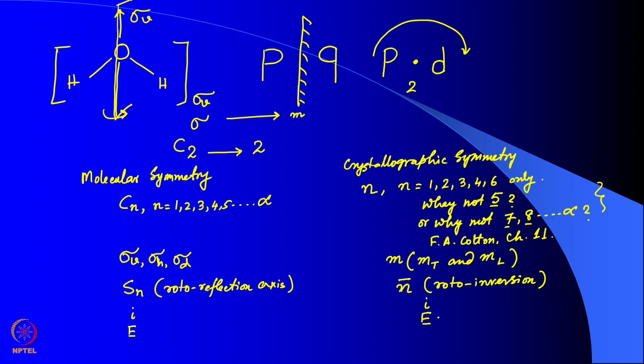So, in addition to these symmetry elements that are similar or related to molecular symmetry, we have two different types of symmetry elements specific to crystallographic symmetry.